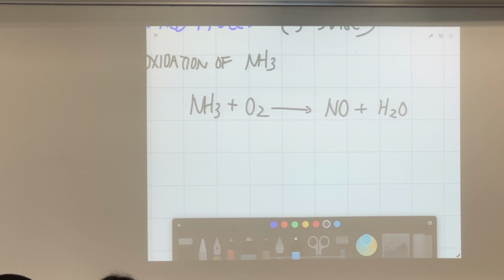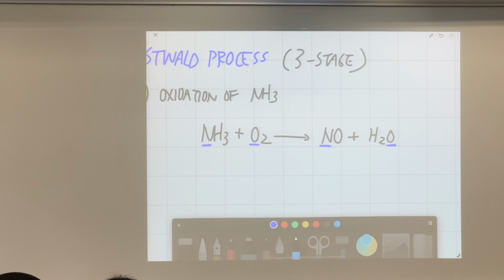So you have a 30-second talk, okay? Find me the oxidation number of these substances, and then use that to explain to me whether they are oxidized or reduced in the process. What is oxidized, what is reduced? 30 seconds, okay?